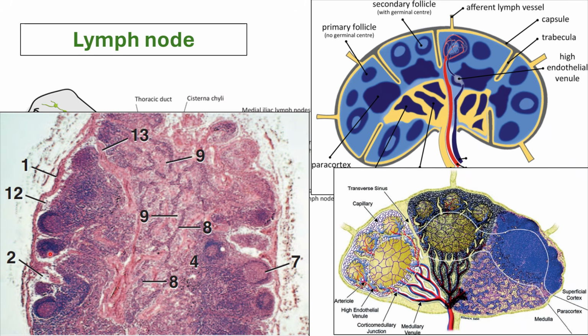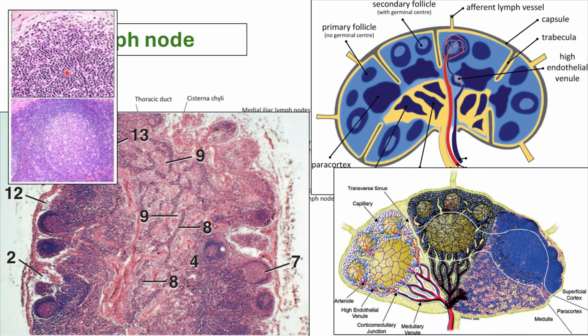But once they are primed and they are forced to become immunocompetent and active, they will form a lighter staining central area. So again, this is your primary lymphoid nodule and this is your secondary lymphoid nodule. And the presence of secondary lymphoid nodules is a sign that the lymph node is active.